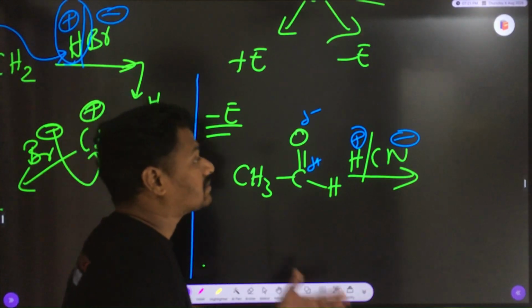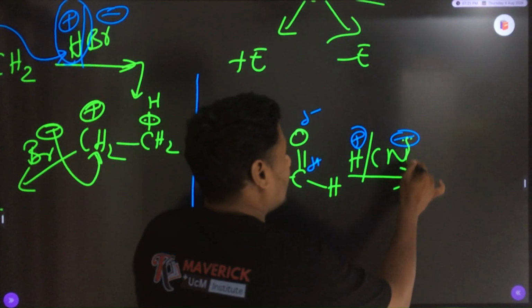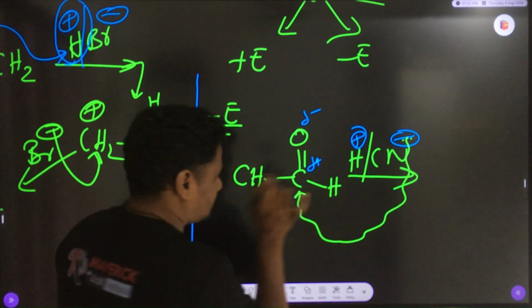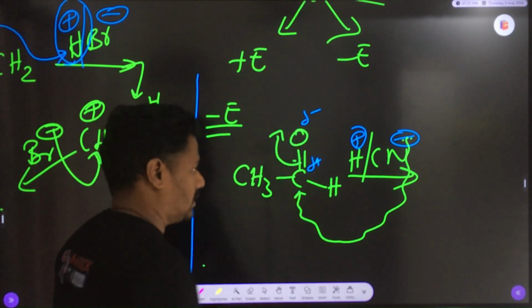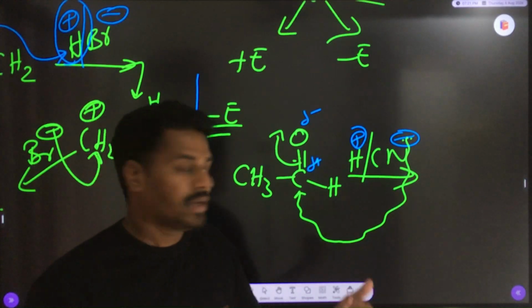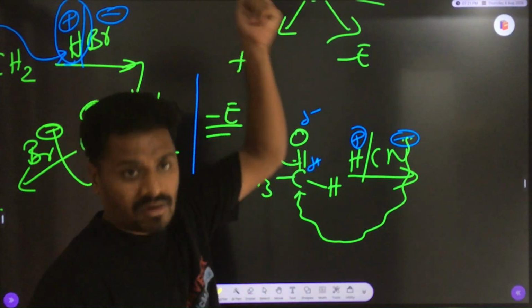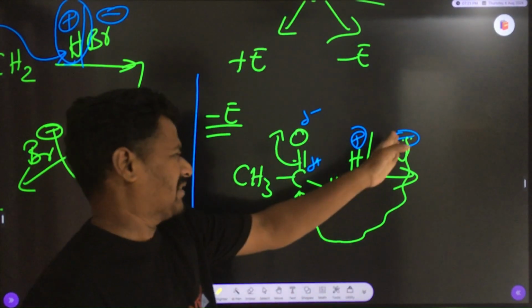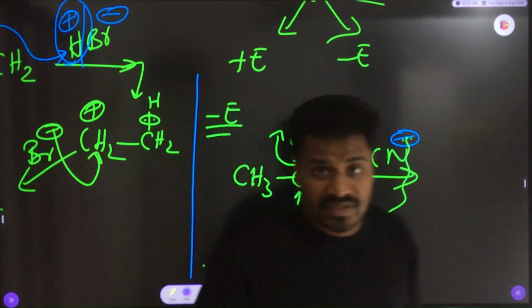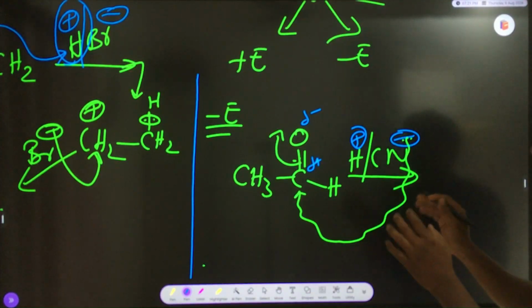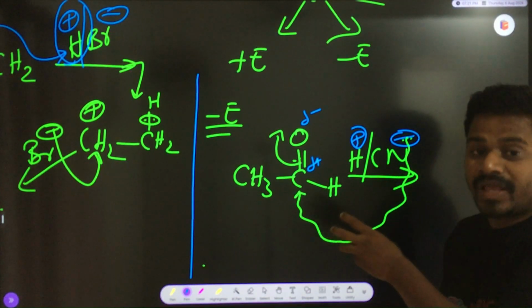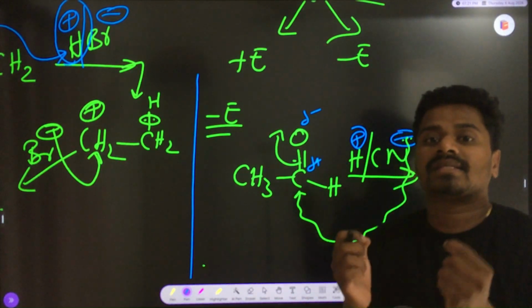Now it's time for the cyanide to attack the carbon, then the pi electron moves upward. The electron moves towards oxygen, not here, because logically that carbon is also rich, so the electrons would definitely repel each other. This is explained by the minus E effect.